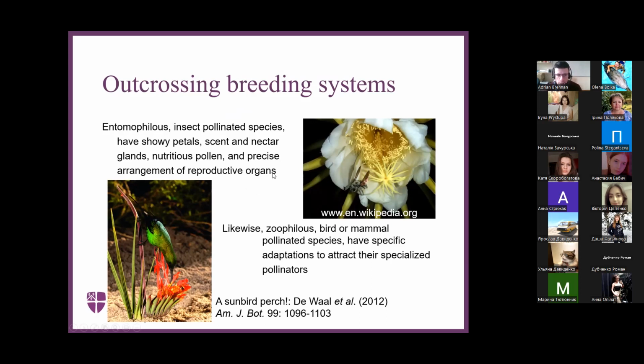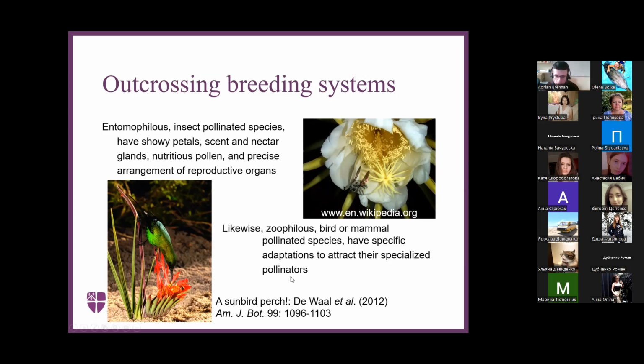And again, there's an entomophilous pollination syndrome that's typical of plants that might be pollinated by insects. They need to attract insects, either with showy petals, various scents, nectar rewards. The pollen itself might be nutritious and might be the reward. And the floral organs themselves will tend to be very precisely arranged to promote cross-pollination. So we've got that whole group of plants.